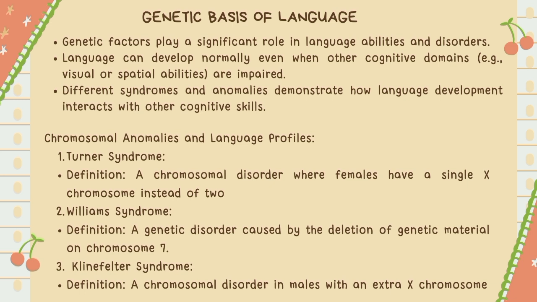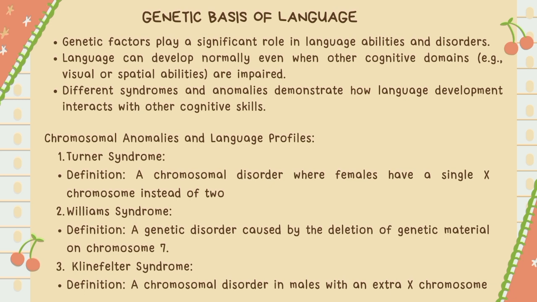The second one is the Williams syndrome. This is a genetic disorder caused by the deletion of genetic material in chromosome 7. So what does this have to do with language development?